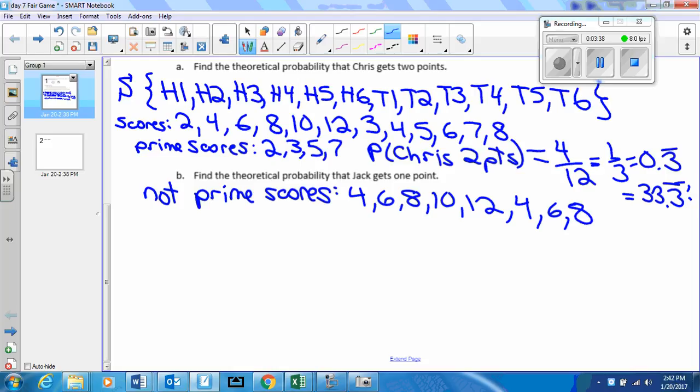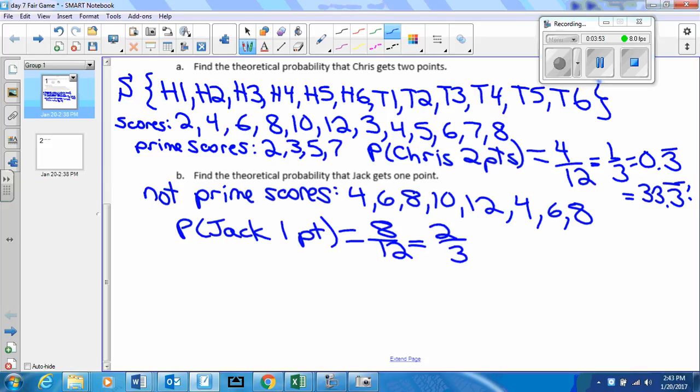So the probability theoretically that Jack gets 1 point is 1, 2, 3, 4, 5, 6, 7, 8 out of the 12, or 2/3, which is 0.6 repeating, or 66.6 repeating %.